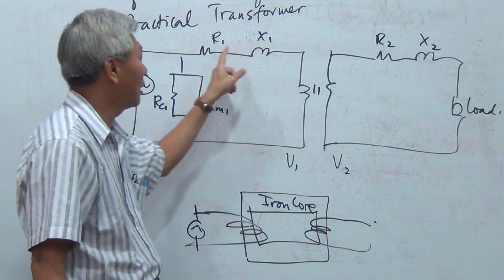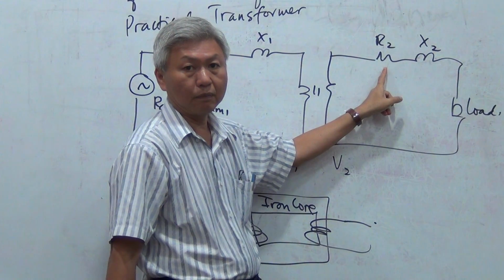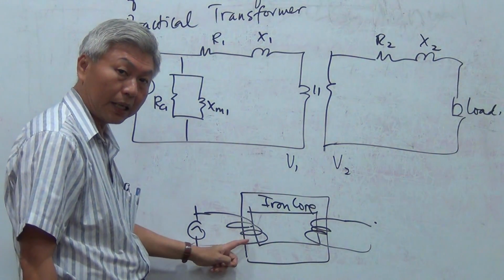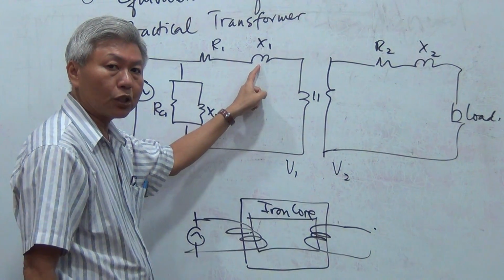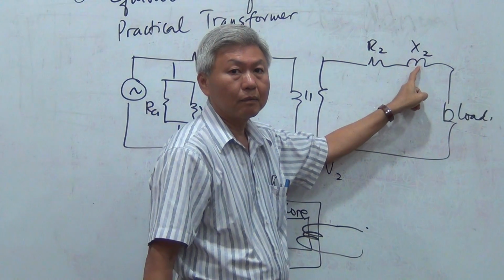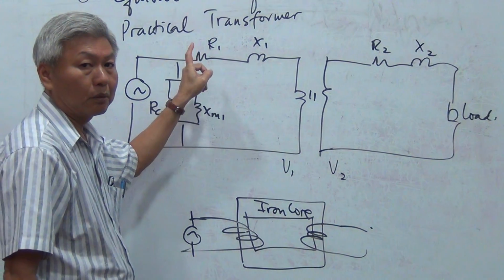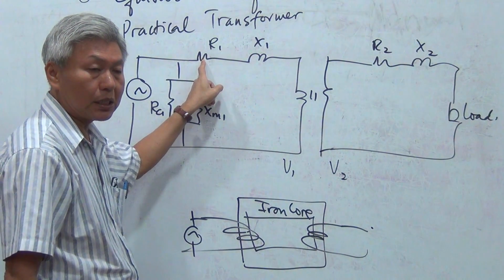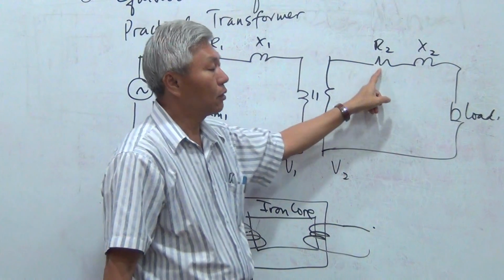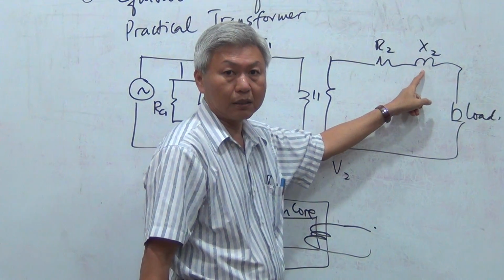Okay, repeat: primary winding resistance, secondary winding resistance. And because it's an AC circuit, you have reactance, right? This is called the primary leakage reactance and secondary leakage reactance. Okay, you should be able to say it yourself: primary winding resistance, primary leakage reactance, secondary winding resistance, secondary leakage reactance.